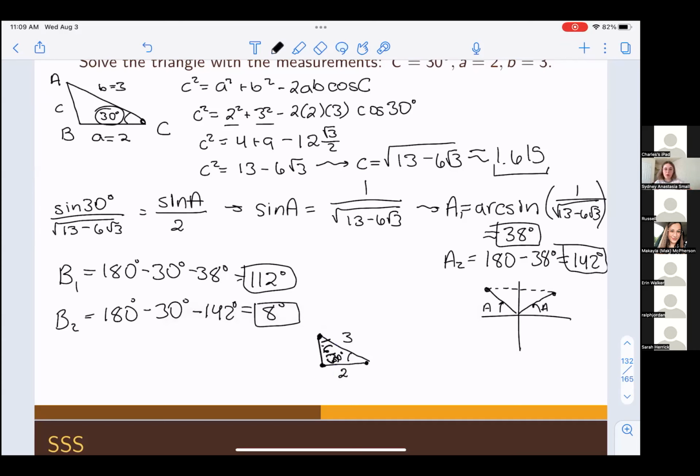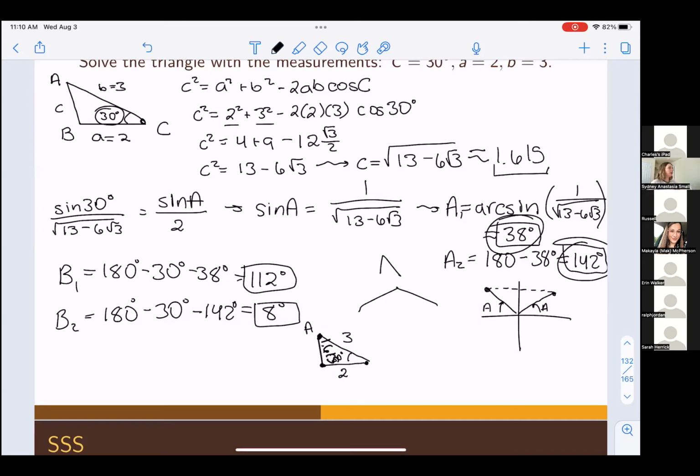And now the only way, unfortunately, to determine which solution geometrically works is to draw a somewhat to scale picture and look at it. So up here is angle A. Does it make more sense that A would be 38 degrees or that A would be 142 degrees? Well, we know 142 degrees looks something like this, and 38 degrees looks something like this. 38 degrees is acute, 142 is obtuse.